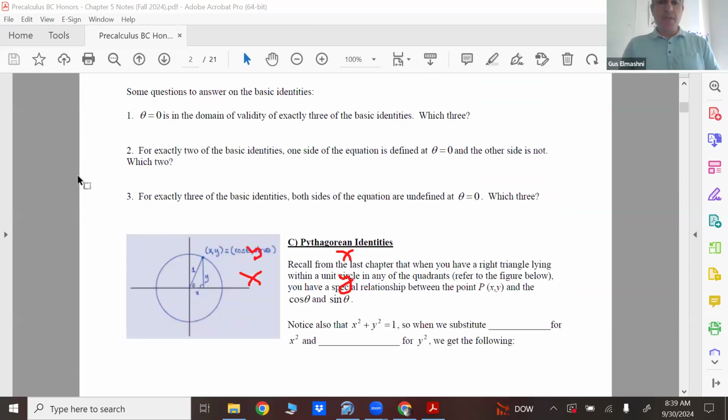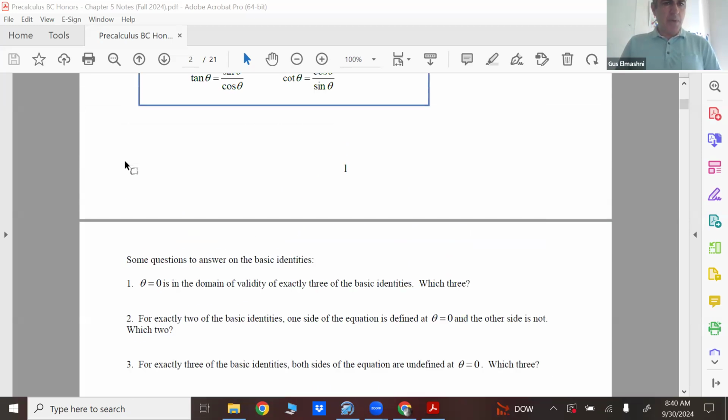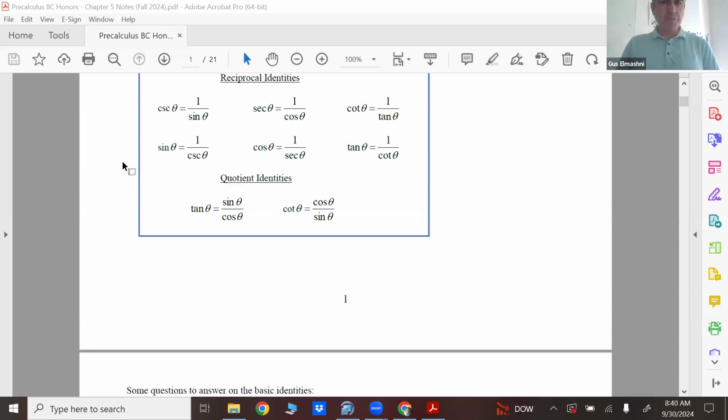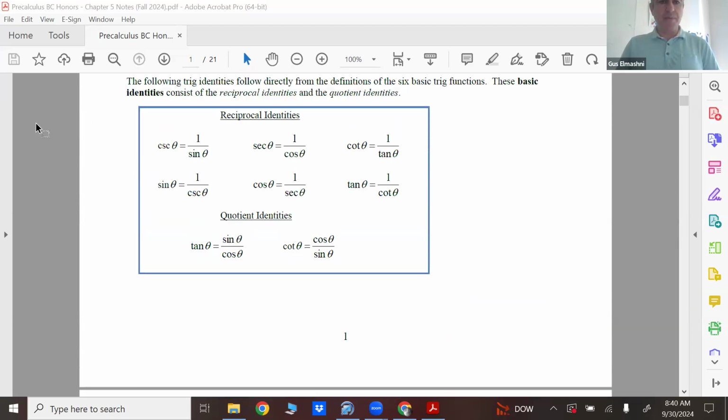Some other questions to talk about. Theta equals 0 is in the domain of validity of exactly 3 of the basic identities. It's kind of a weird question, but if I plug in theta equals 0, some of these won't work.